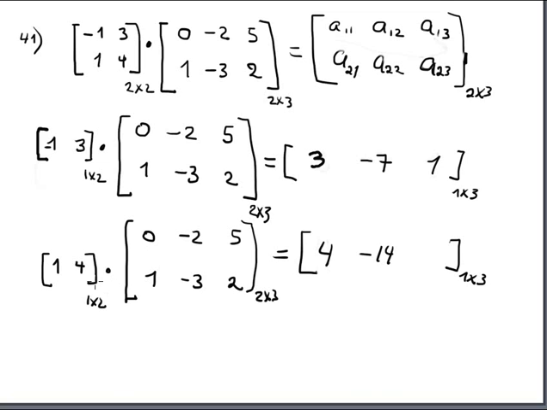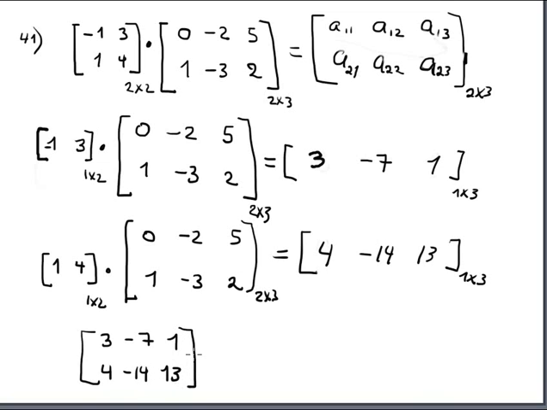And 1 multiplied by 5 is 5, and 4 multiplied by 2 is 8, 8 plus 5 is 13. Okay, now the final answer is the matrix formed by 3, -7, 1, 4, -14, and 13.